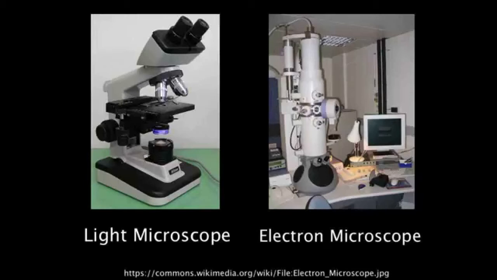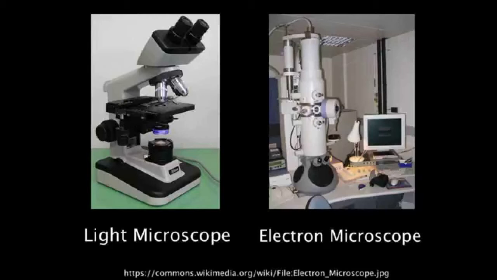In this we use light; if light is not there, we cannot see the cells. In the electron microscope, we use electrons to see the image. The micron is the most commonly used unit to express the size of the cell. 1 micron is equal to 1/1000 of a millimeter.